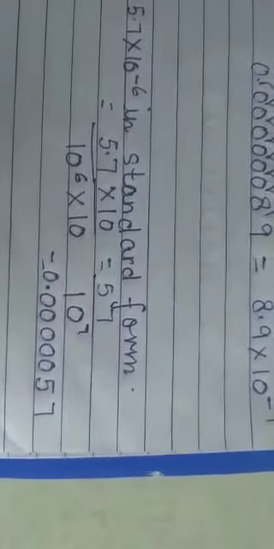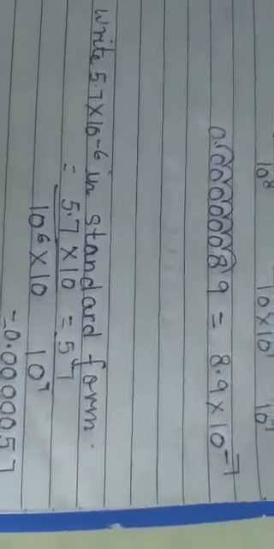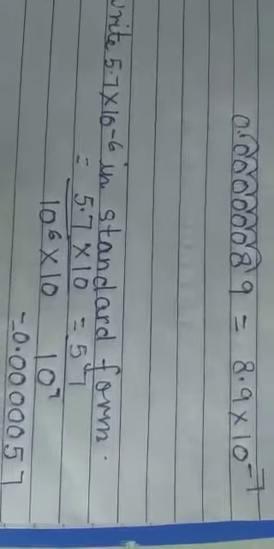And another very simple way, as I have told you: since the exponent is minus 6, move the decimal point 6 places to the left.